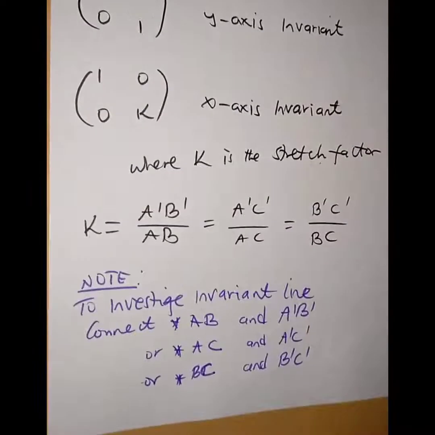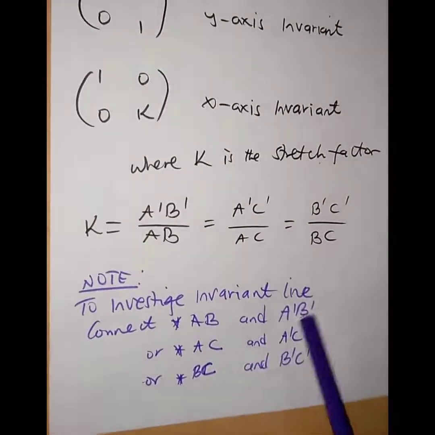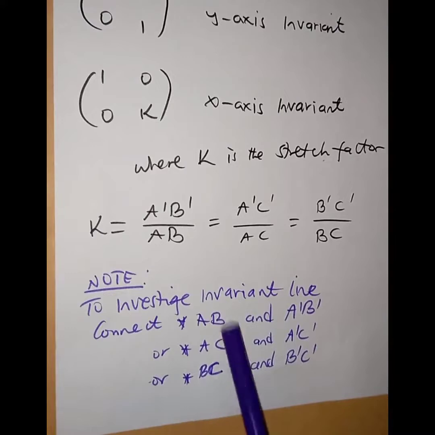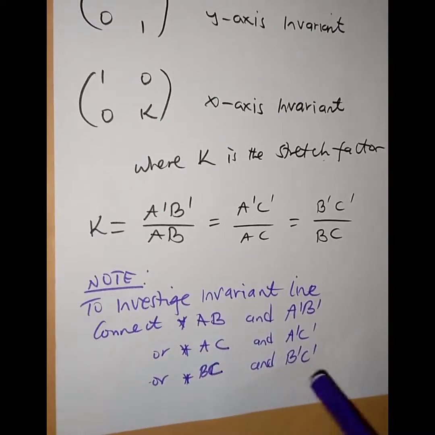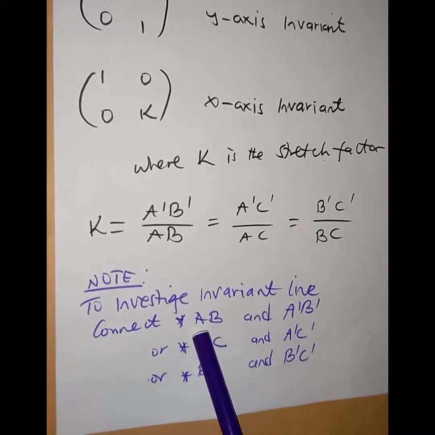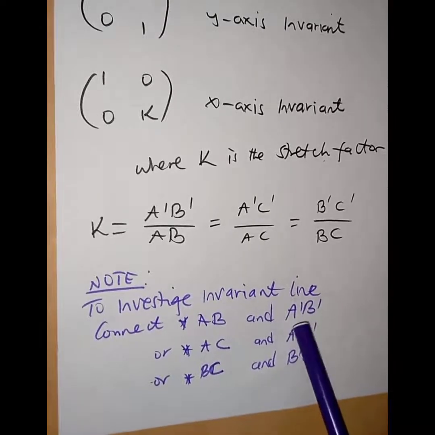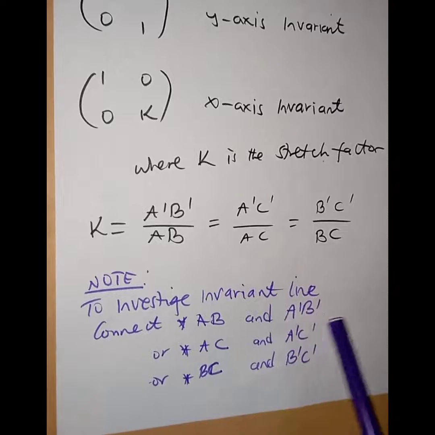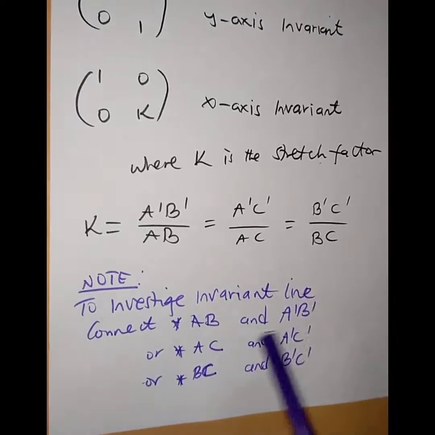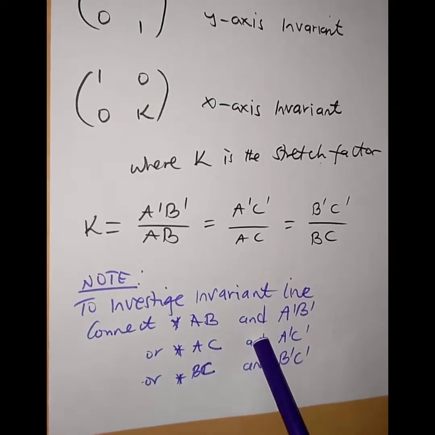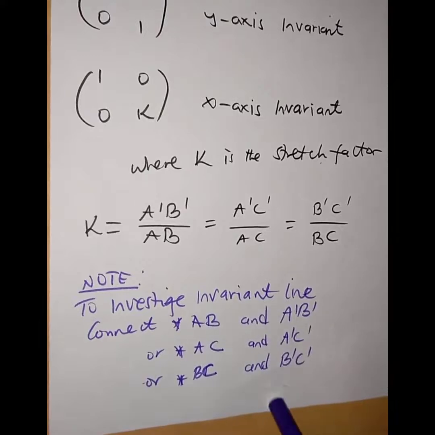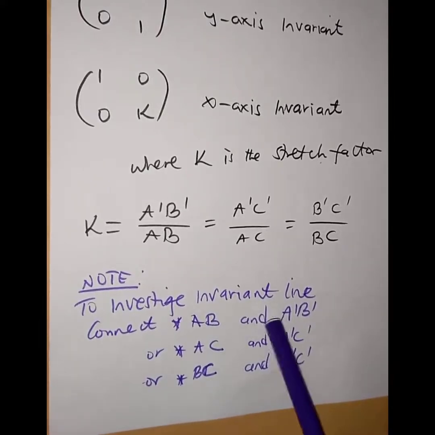Now, to investigate invariant line, connect these points. For example, A object to B object, draw a line. Also go and connect their images, A image to B image. Where they will meet, if they meet on the x-axis, it means x-axis was invariant.